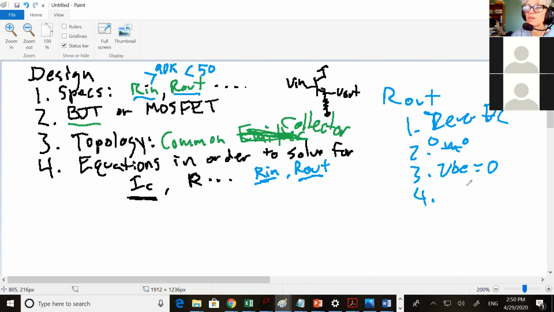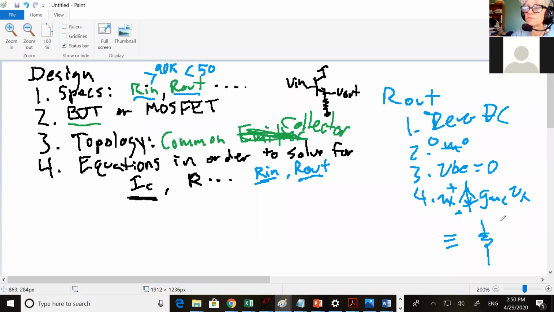And then the fourth one is the dependent current source. If you have gmx, vx, and then you have vx across it, this goes to a resistor of size 1 over gmx. So make sure you go through all of those simplifications when you're trying to find an equation for R out.